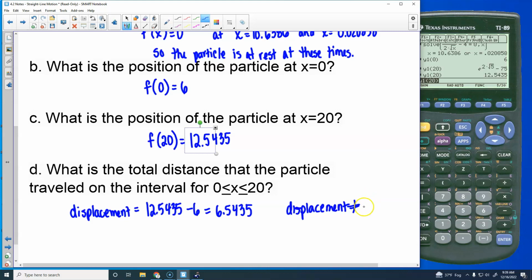But displacement does not equal total distance in all cases, though it can equal total distance most of the time. So it is possible that your displacement does equal your total distance. To give you an example, let's say that Paul decides he's going to use the bathroom pass, and he goes out in the hall, and he walks down to this bathroom, and it has been vandalized and is shut down.